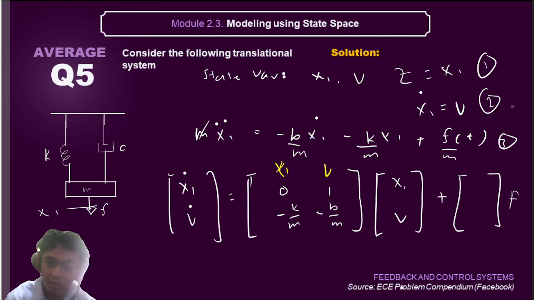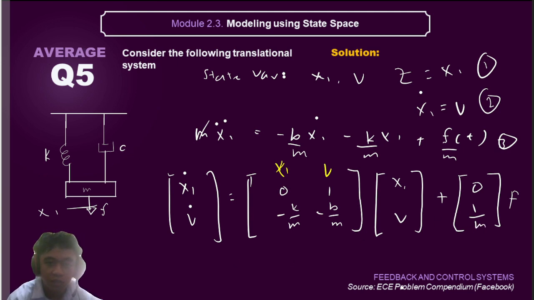As we can see, we use equation number 2 for this one, and it has no input of f, so this is 0. But here we do have f, which is 1 over m. This is f, and this is 1 over m. We just don't write the 1. So this is 1 over m. So that's for the input equation.